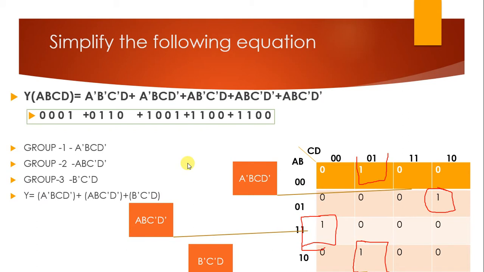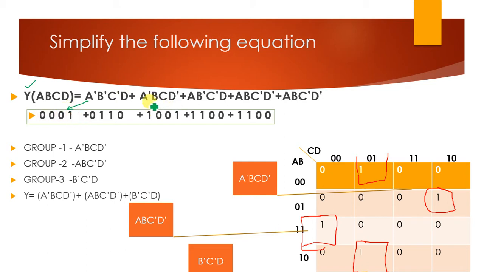So let us check this combination. This combination is also very easy. Here Y is given as ABCD, which is the 4 variable thing, and the combination is A dash B dash C dash D. It is equivalent to 0 0 0 1.